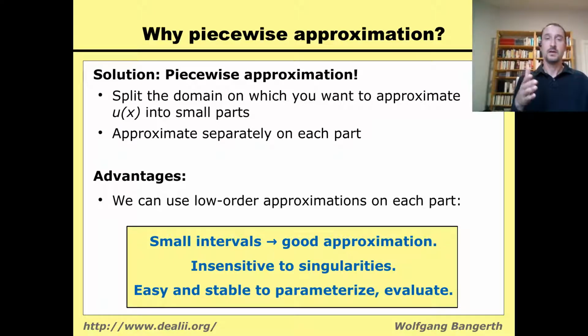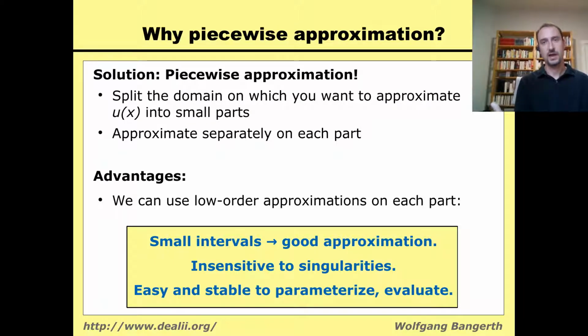That is already an important realization, that if I put in more work, right, small intervals means I have to compute more, I have to store more information, but if I put in more work, I will get a better approximation. And then it is insensitive to the singularities because I can isolate the poor approximation to those cells where the singularity actually lives. And then in practice, it is relatively easy and stable to parameterize low-order polynomials.